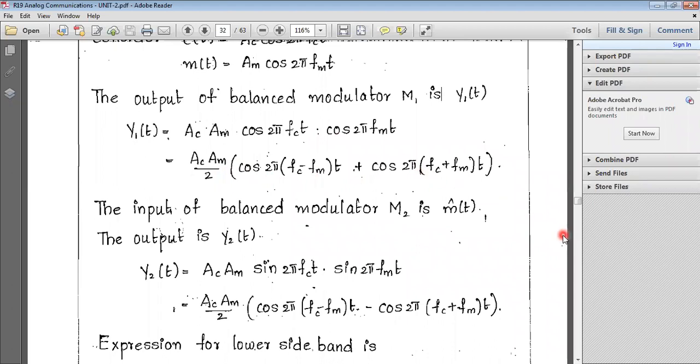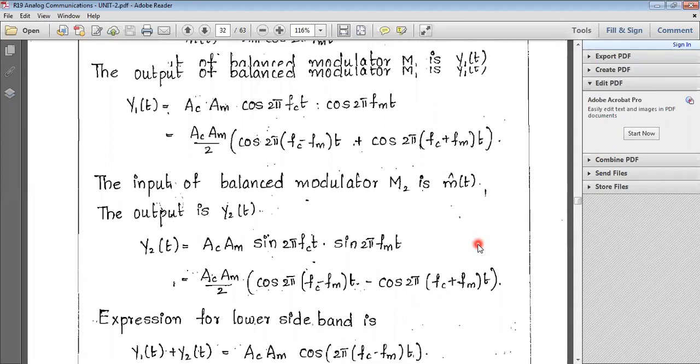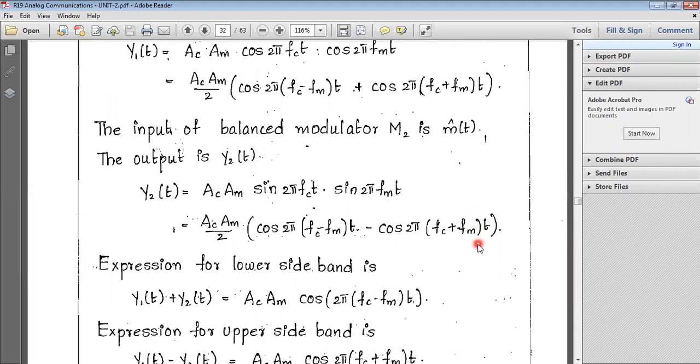After that you calculate the second signal, that is Y2 of t, the output of the second balanced modulator. What are the inputs for the second balanced modulator? M cap of t and AC sin 2 pi FCT.